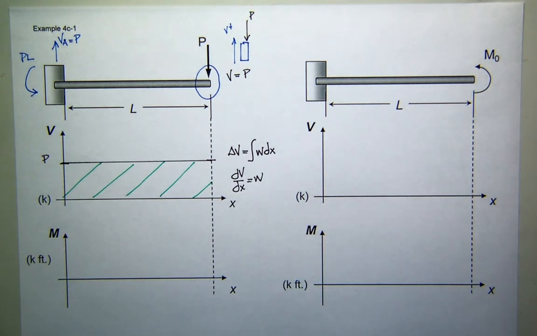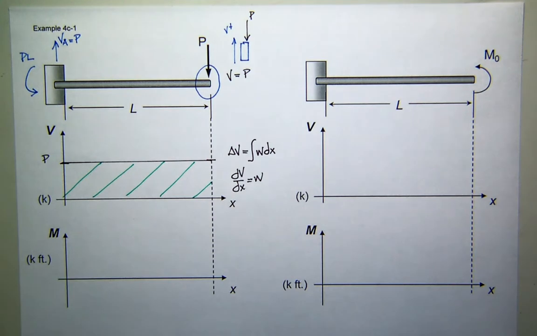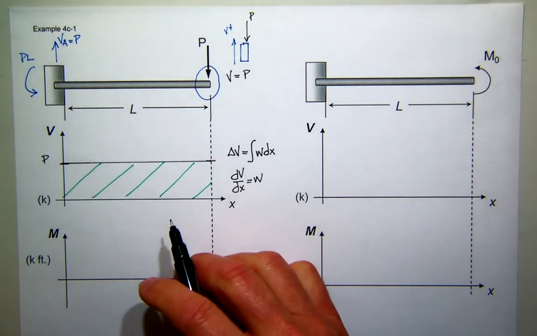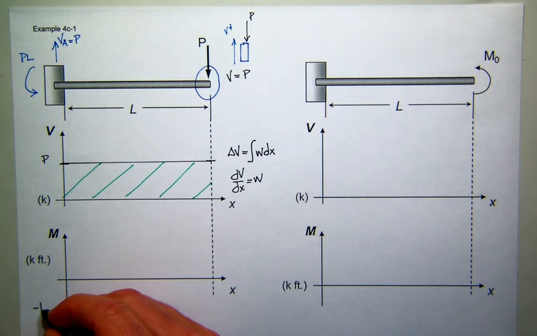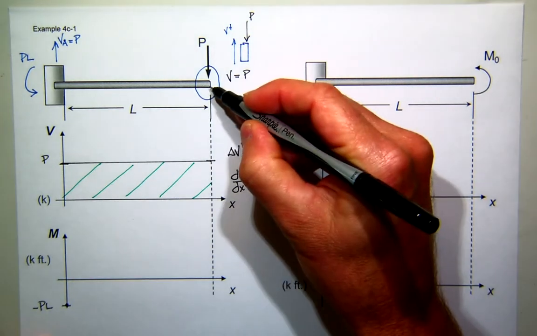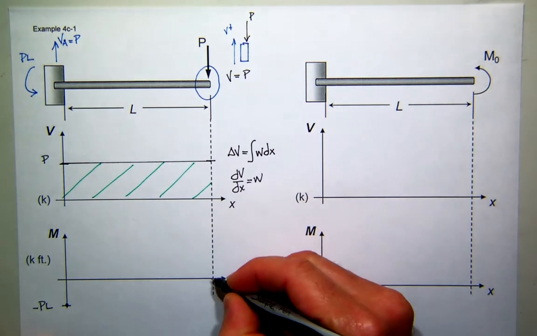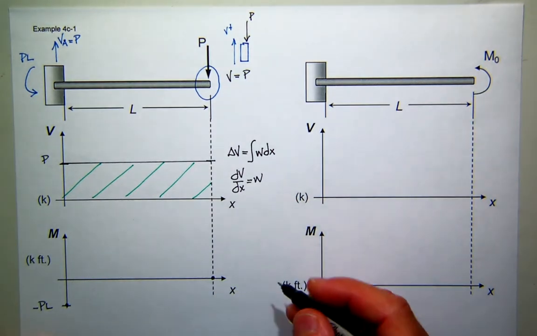Okay? Now, let's do the moment. What is the moment at the left side? We found it from our reaction. What kind of bending moment is that? Positive or negative? Negative. So we're going to start off at negative PL. What's the moment at the free end? 0. Is that what we think?